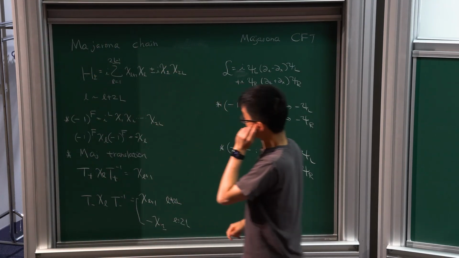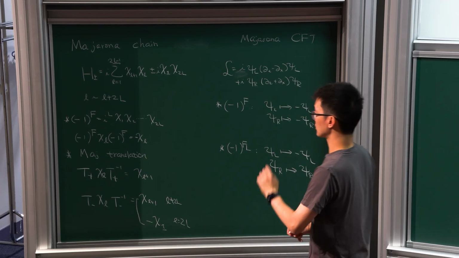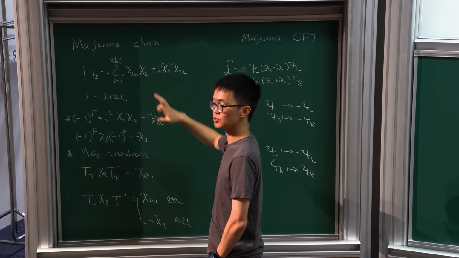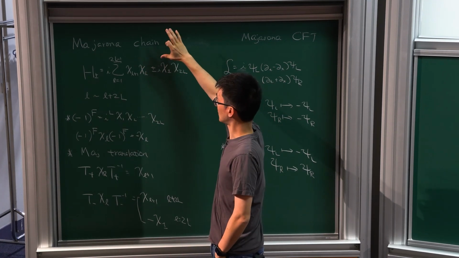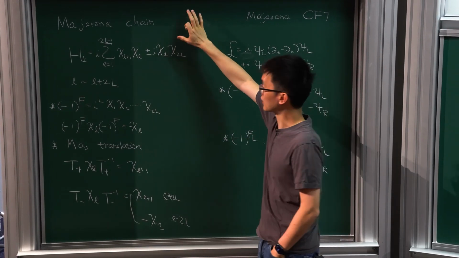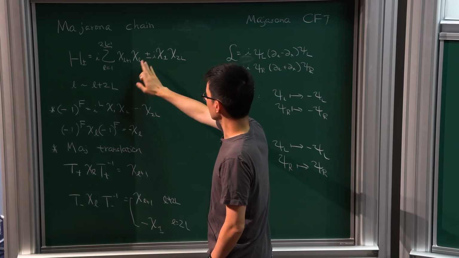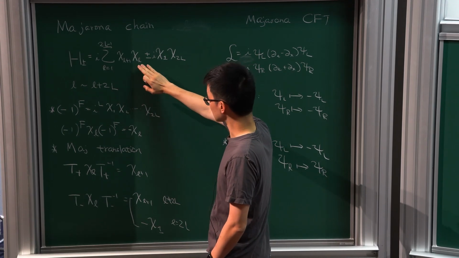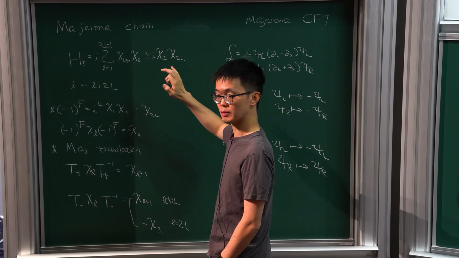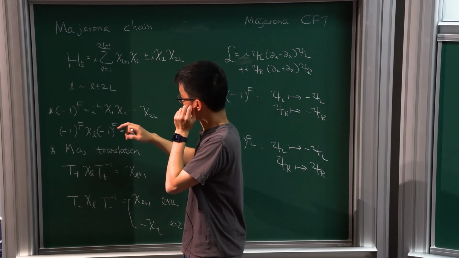To derive the non-invertible symmetry, we took a detour to talk about two different models, which are about Majorana fermions. We call them the Majorana chain models. We consider two Hamiltonians, each consisting only of nearest neighbor interactions between the Majorana fermions. There's a plus and minus difference.